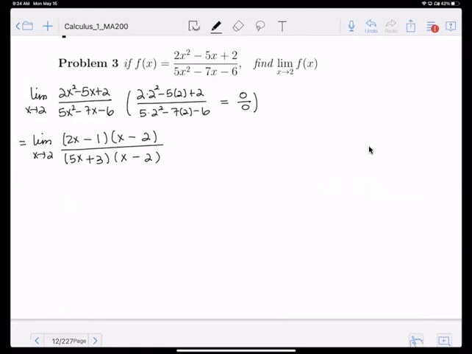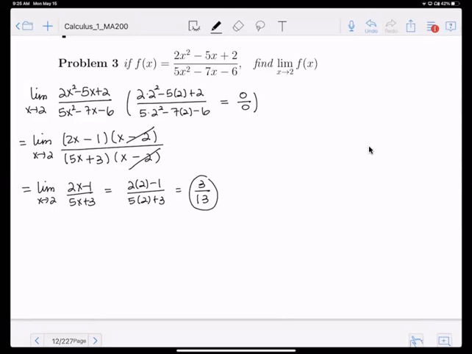First term, outer term, inner term, last term. Very good. The x minus 2 factors are taken care of. The limit as x approaches 2 of (2x minus 1) over (5x plus 3). We substitute x equal to 2. That is 3 over 13. So we get the solution, 3/13. So this is one way we can do it with factoring.